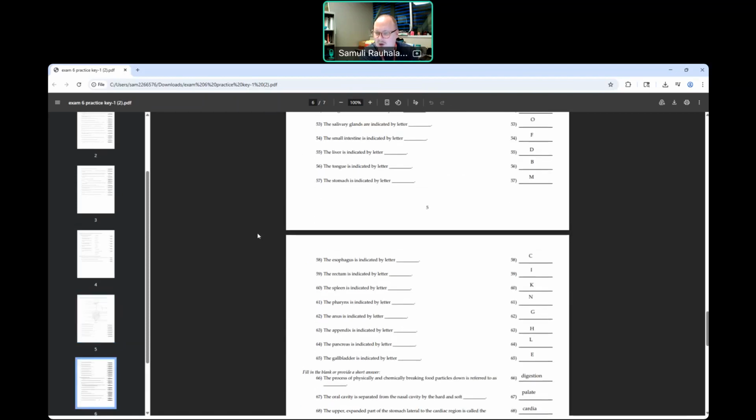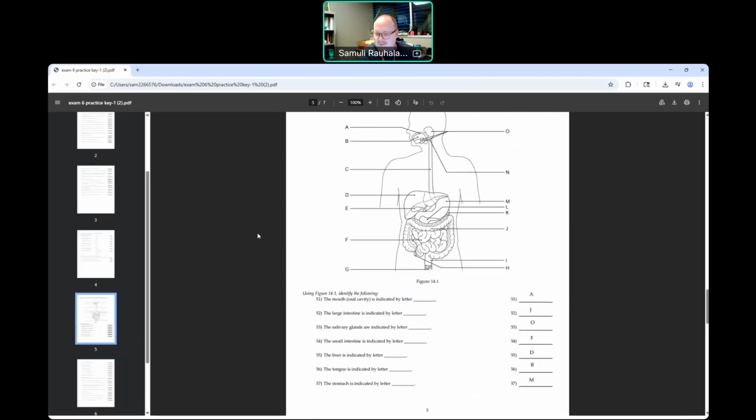We can then follow colon with its various parts: ascending colon coming up on the right-hand side, transverse colon crossing from right to left on the superior portion, and descending colon coming down on the left side. And finally, sigmoid colon at the end.